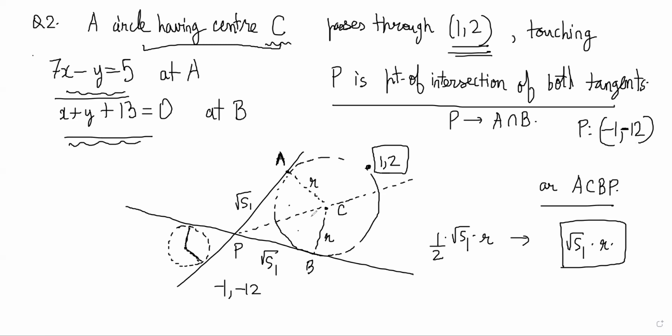If you open your Allen book, you will have results for family of circles. Check the results in family of circles. There will be a result for such a case.